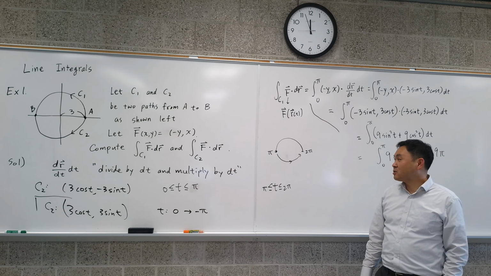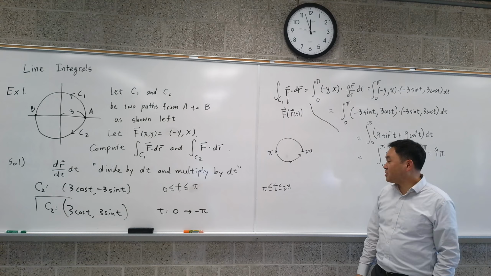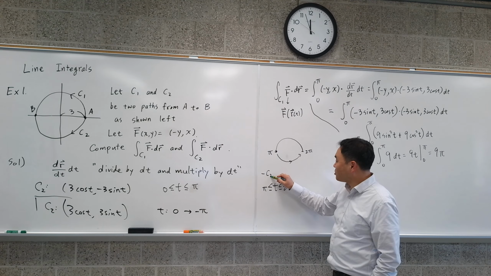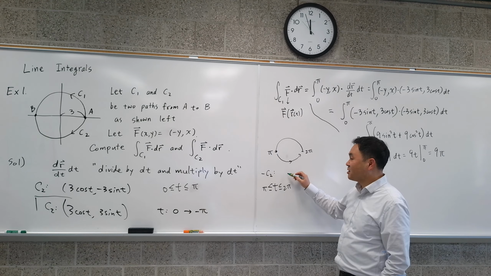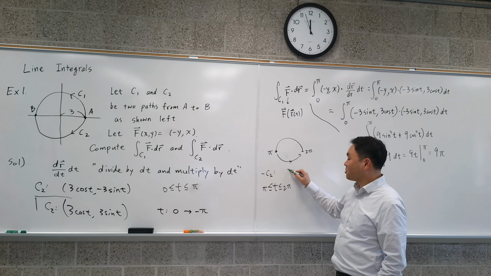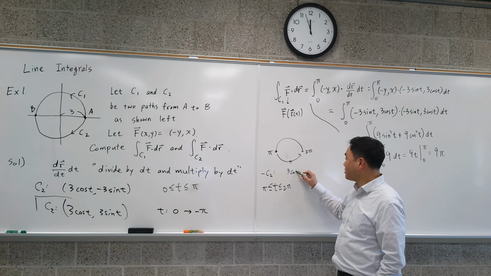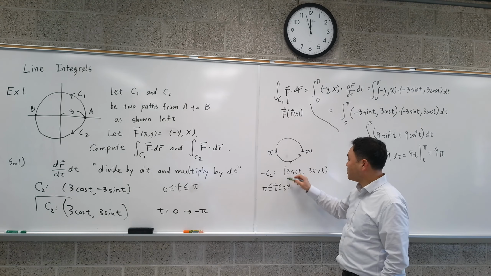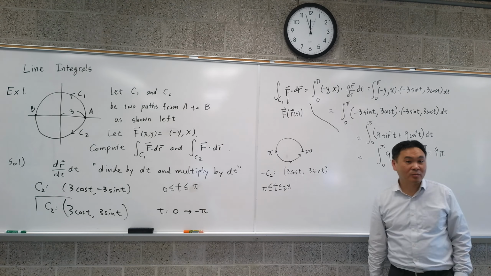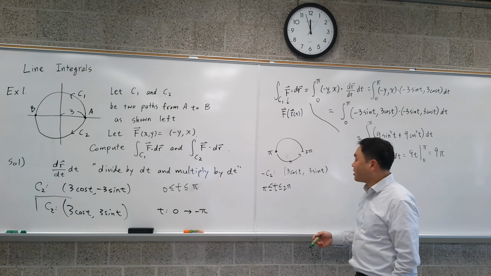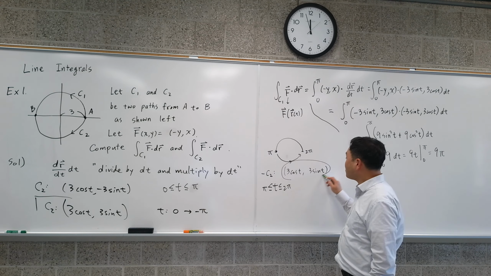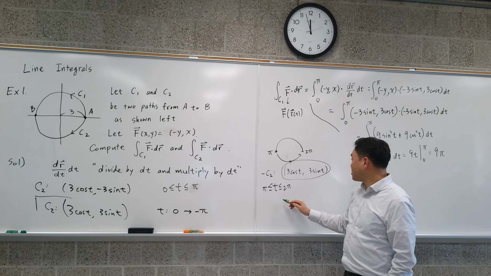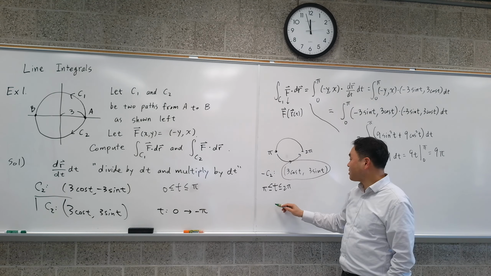So what you can do is say minus C2 is parametrized by 3 cosine t, 3 sine t, with t between pi and 2 pi. And what that means is that you can still use this to do this calculation, except that you just have to put the minus.